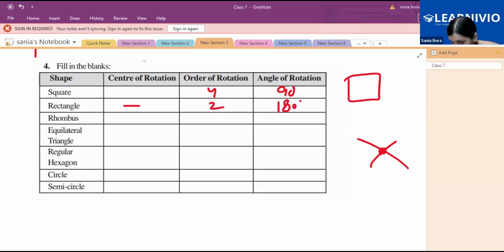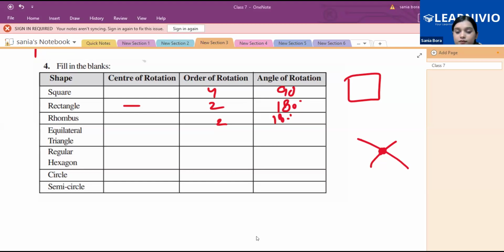Ma'am, for rhombus, the order of rotation is going to be 2 and the angle of rotation is going to be 180. Correct. Next, equilateral triangle. Ma'am, can I do it? Yes.